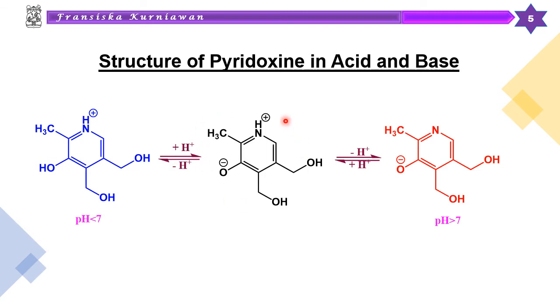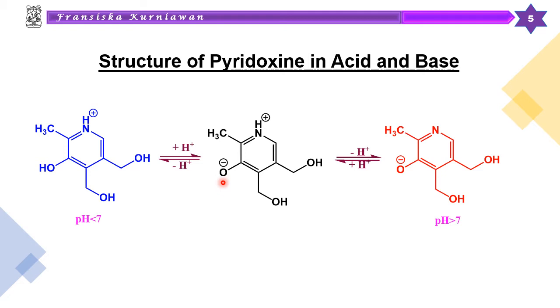As you can see, for example, we put this pyridoxine in the acid environment. This part is basic and it's already ionized to N plus in here if you put it in the acid. But for this part, this is the phenolic group.